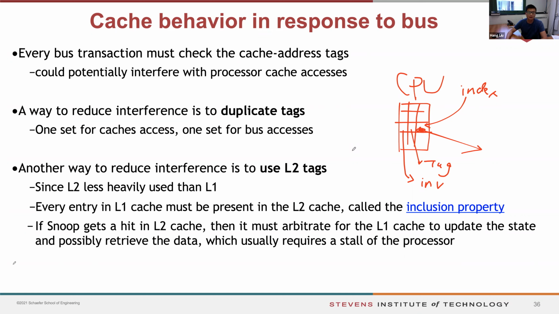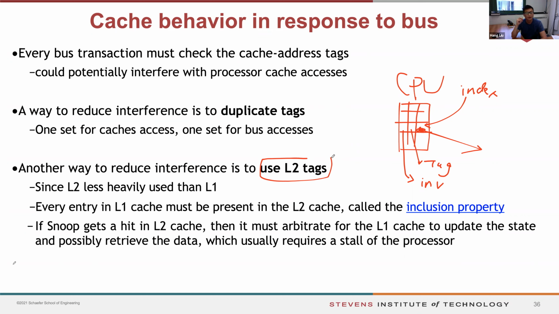Another way to reduce interference is to use the L2 tag. The reason is that L2 is less heavily used, because typically the hit goes to L1. L2 is relatively not that busy. And also L2 is inclusive, so whatever is inside L1 should be inside L2. It's called the inclusion property.